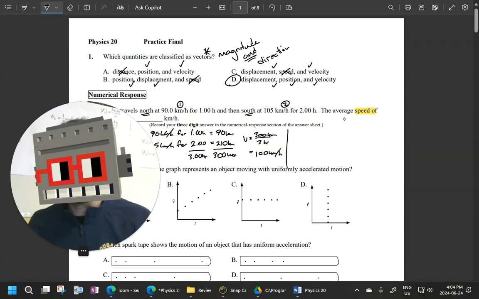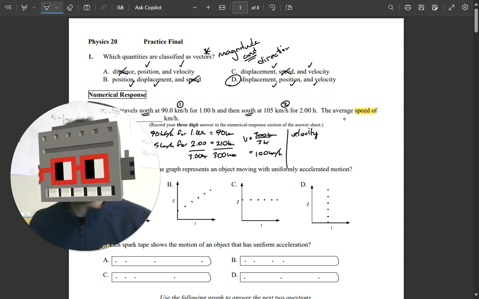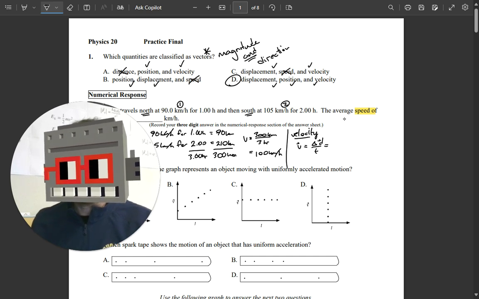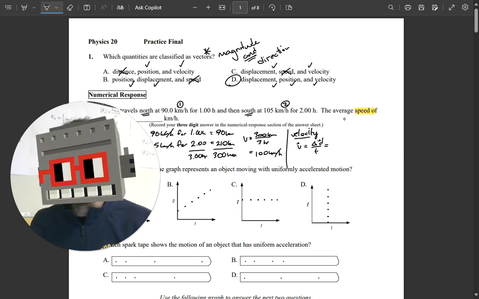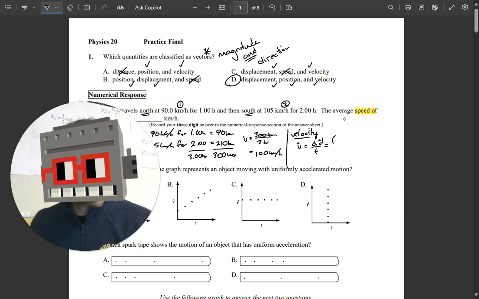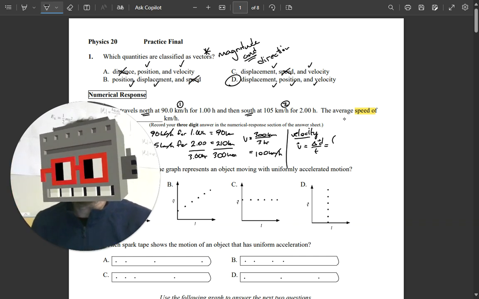But what if I want to find my velocity? Now this is beyond the question. You don't have to find this. I am still going to do D over T, but this time my D is going to be my displacement because I care about direction. When I'm adding my displacements together, one is north and one is south. So rather than just adding, let's say north is positive.